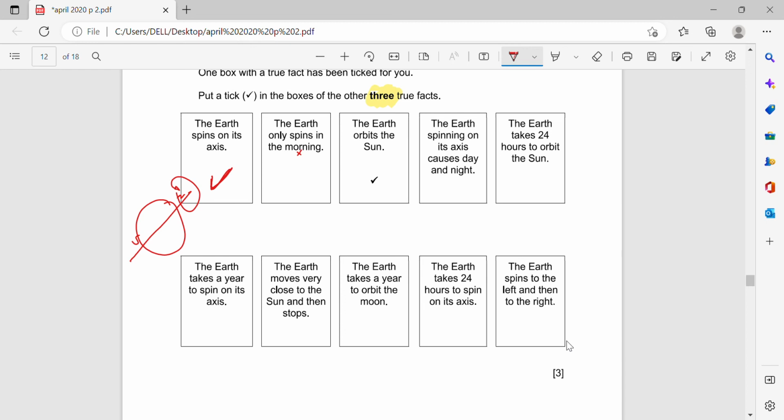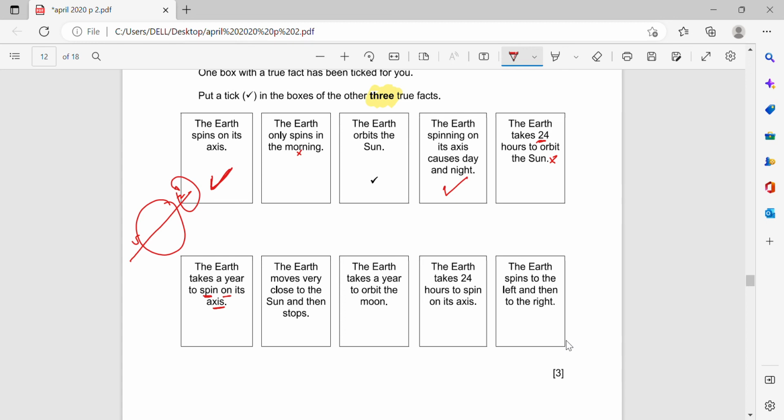The next one, the earth spinning on its axis causes day and night. Yes, that's true. The earth takes 24 hours to orbit the sun. غلط لأن the earth takes 1 year to orbit the sun. The earth takes a year to spin on its axis. لا, spinning on the axis takes 24 hours.